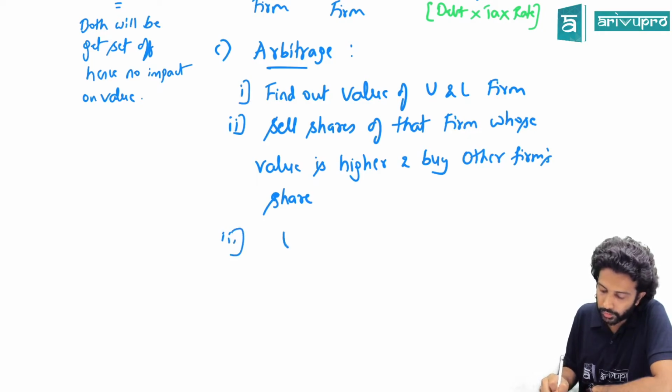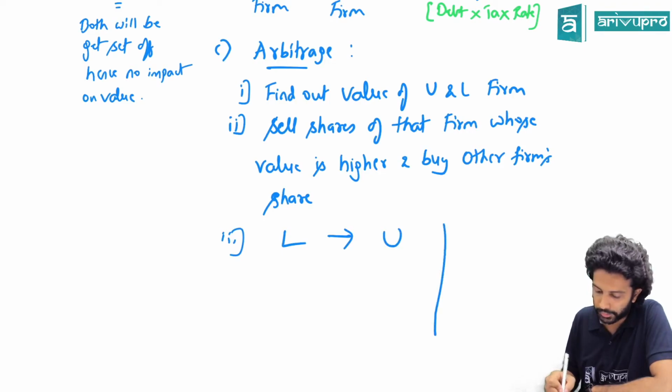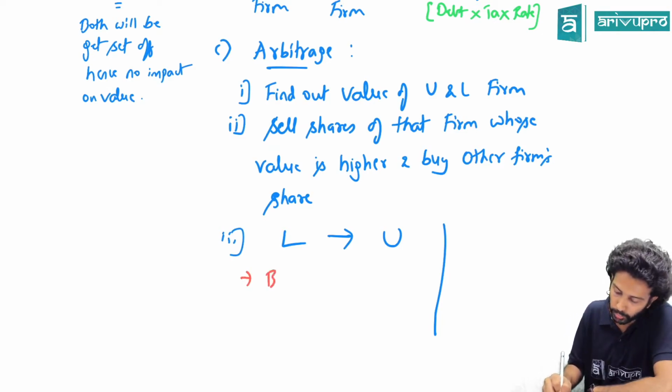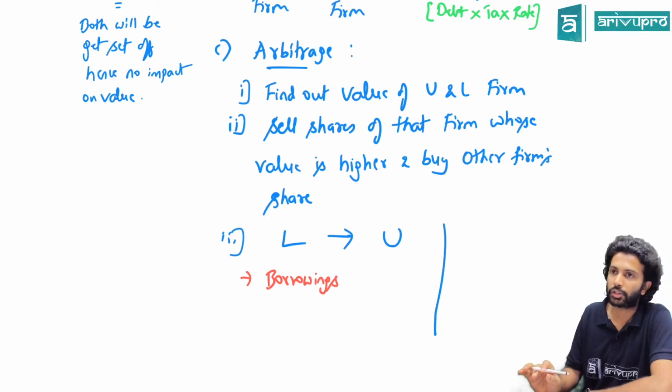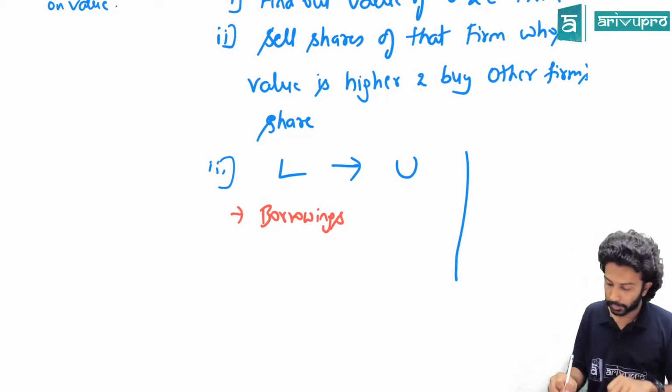If you are going from levered firm to unlevered firm, what are the things you need to keep in mind? One, you have to borrow. Borrowings will come. Yes or no? Correct. Anything else we need to keep in mind?